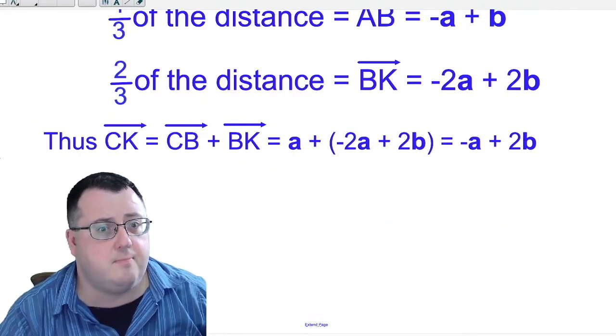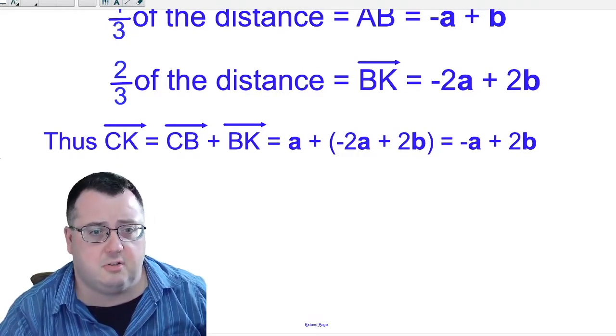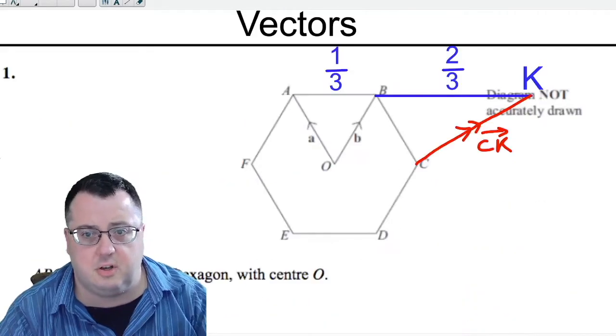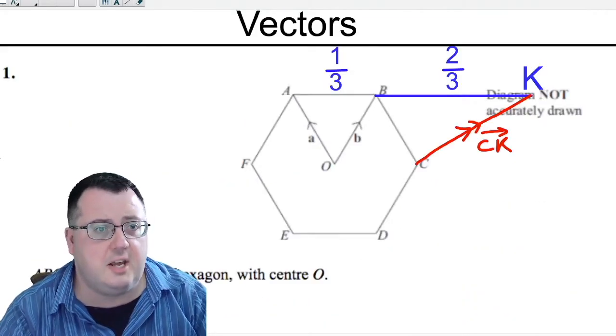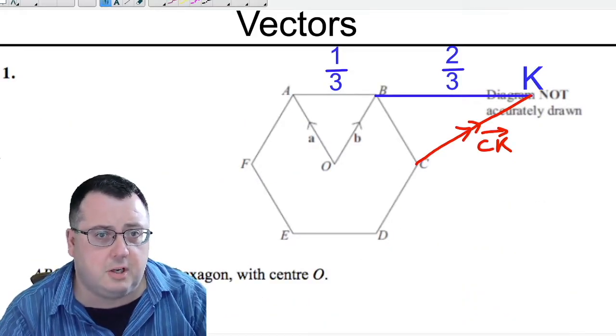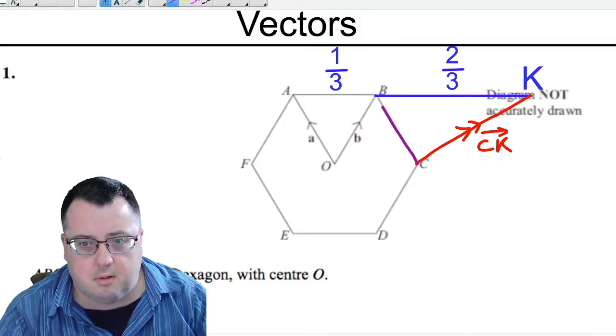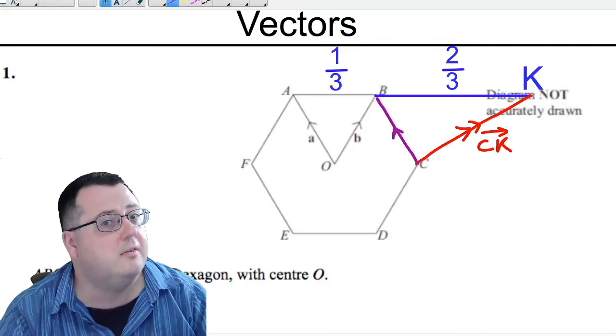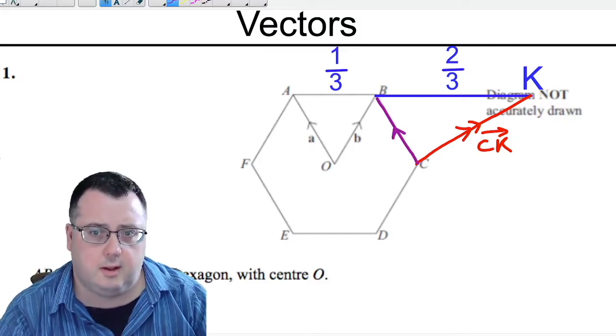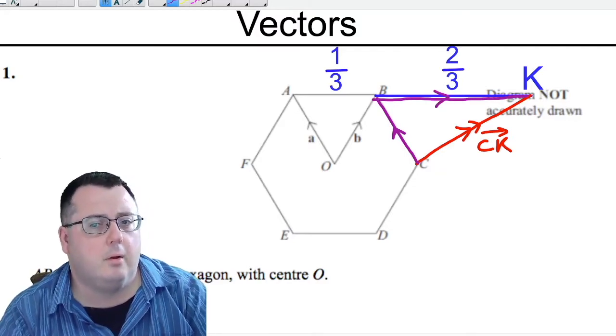So C to K must be CB plus BK. I'll just go back up to show you. The route we're going to take is C to B, that line there, and then B to K, that line there.